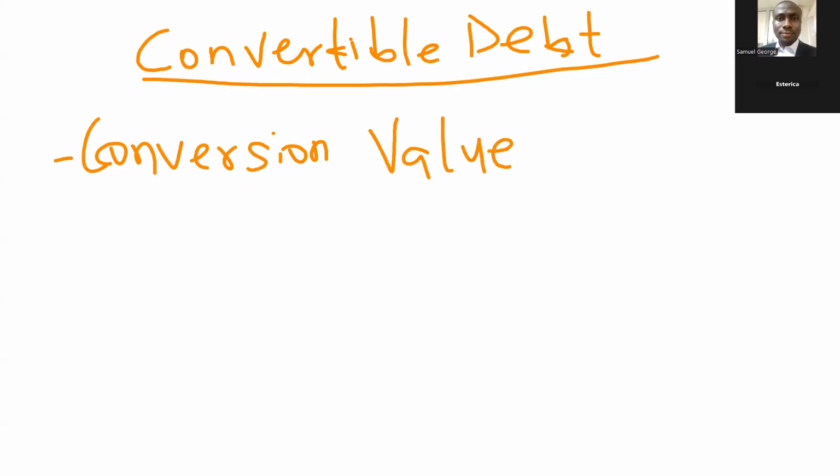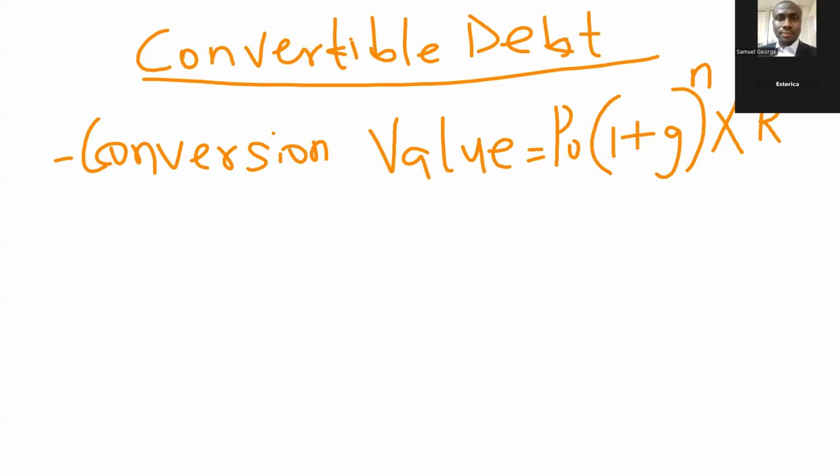Conversion value is equal to P0 (1 plus g) raised to power n, times R. That's the conversion value, which is equivalent to the redemption value in the case of a normal bond or debenture or any other debt.